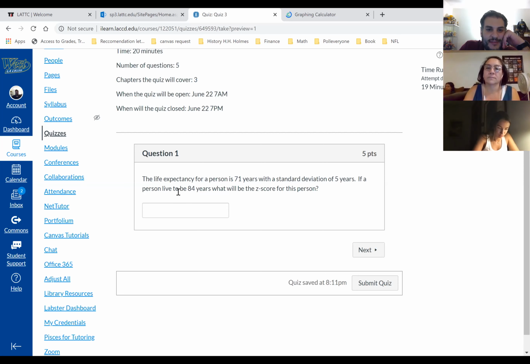If a person lived to be 84, what will be the z-score for this person? They're telling us their average age, so we know 71 is our mean, and we know the standard deviation is 5. And we want to know the z-score for somebody who lived 84 years.